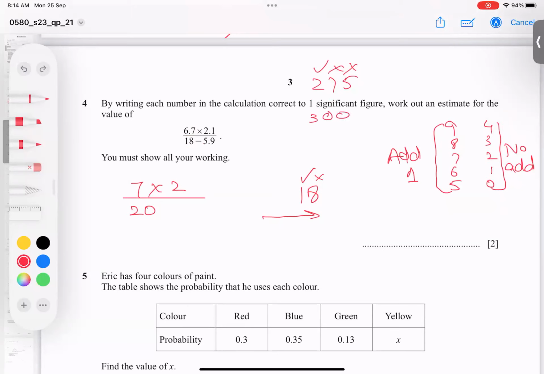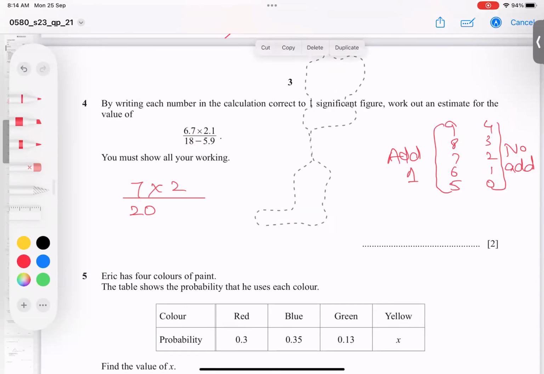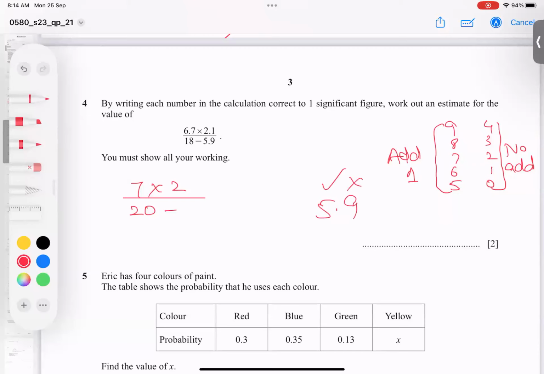This is also called 1 SF. So I think the point is very clear. And for the 1 SF criteria, I'm writing here this 20. Okay, what about 5.9? Same story. This I need, this I don't want. This number is bigger than 4. Yes, then add. When I add 1, it becomes 6. After the decimal, if I write 0 even, no effect comes here.